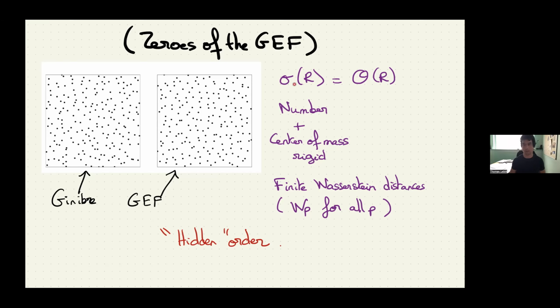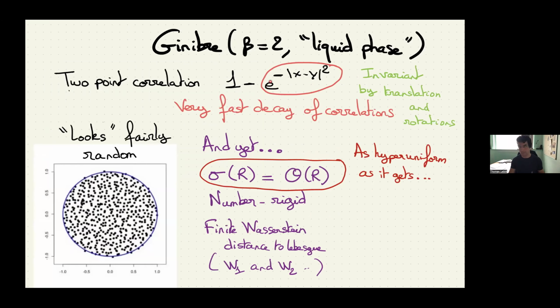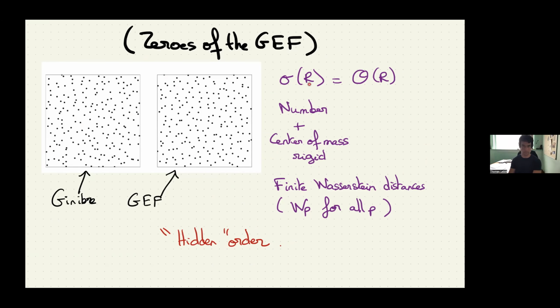Salvatore Torquato, who is in Princeton, is a big proponent of this notion, and he calls it a new phase of matter, which I don't know if that's an overstatement or not, but the point is that you have this strong notion of order, even though you may have disorder in the usual sense.